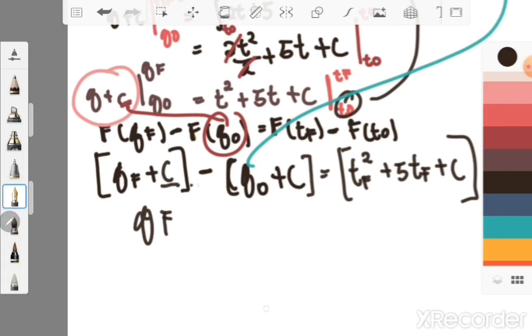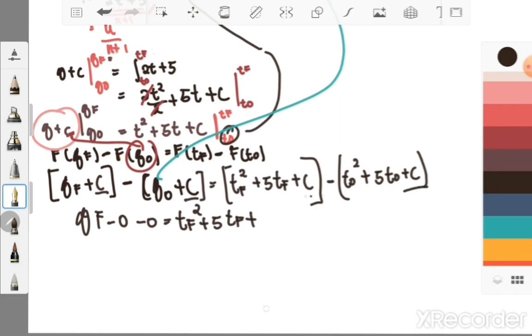Take note that c minus c is just equal to 0, and your q sub 0 is equal to 0. Minus 0 minus 0, which is equal to tf squared plus 5tf plus c minus c is equal to 0.